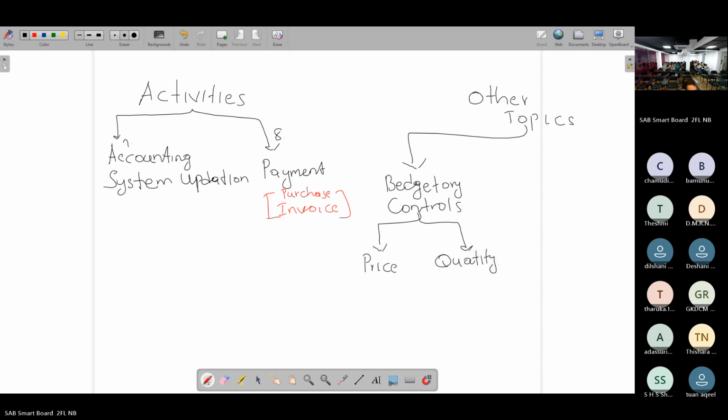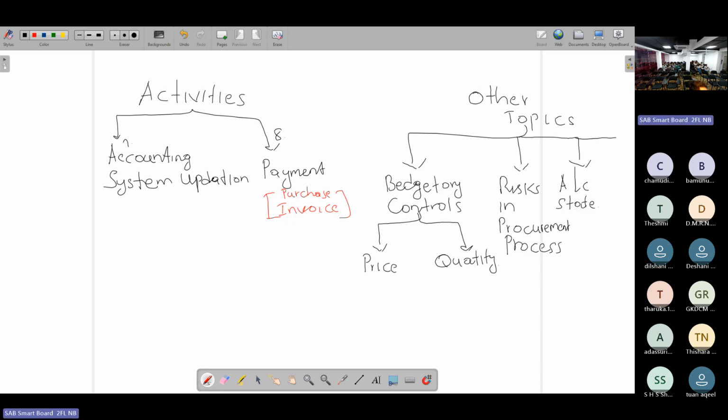And risk in the procurement process. Budgetary controls, risk in procurement process, accounting statement, and internal controls of procurement process we discussed.